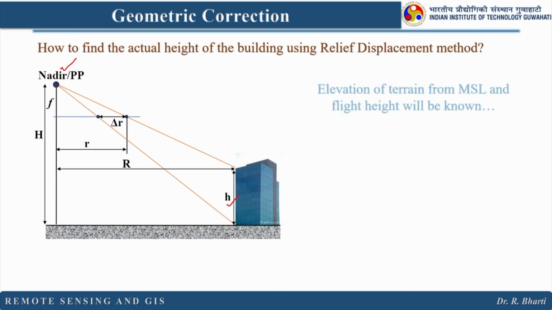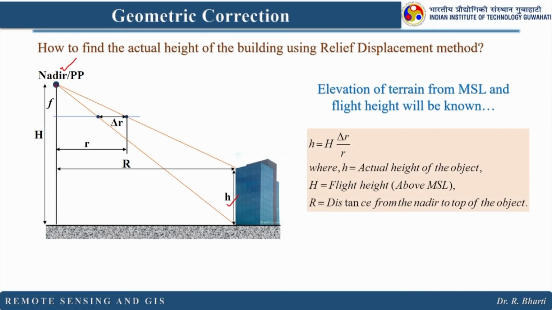In this case, you can easily find out the elevation of the terrain from MSL and the flight height, if other parameters are known, and if these 2 parameters are known, then you can find out the height of the building.